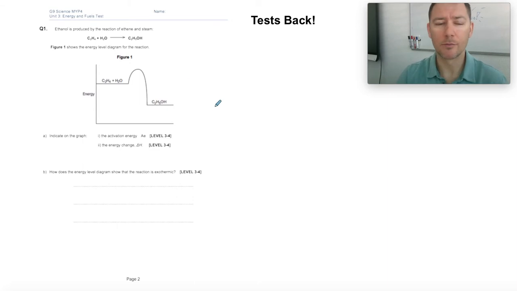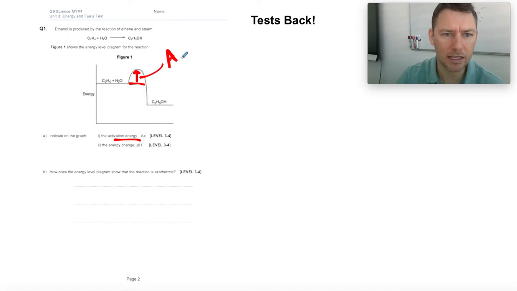So, really roughly, here's the gist of this. In this first part, they're talking about the activation energy, and the activation energy is going from here up to here. This is the activation energy that you need to put in. So I'm looking for this piece being labeled AE, activation energy. The delta H, the change, is this piece, right?